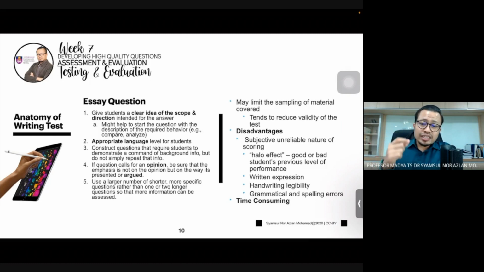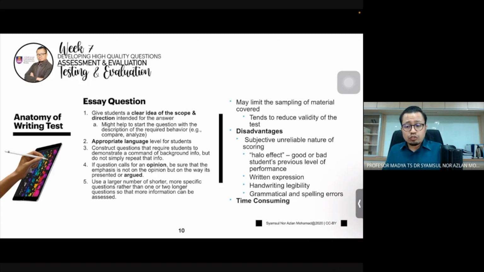So what is the disadvantage of these essay questions? Normally it is due to subjectivity, the halo effect, a good or bad student's previous performance might give us some kind of effect, and the writing expression no doubt. So somehow the difficulty in terms of looking at the writing expression, or also handwriting, might give some kind of effect.